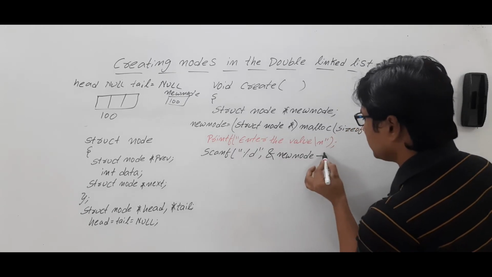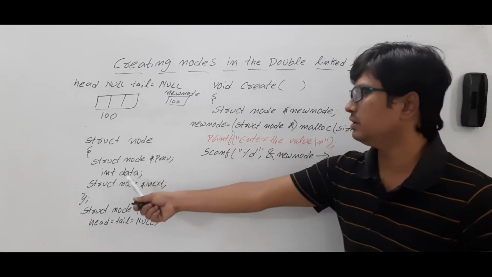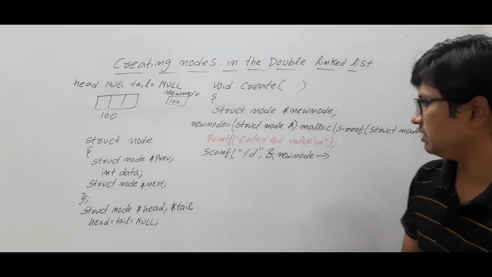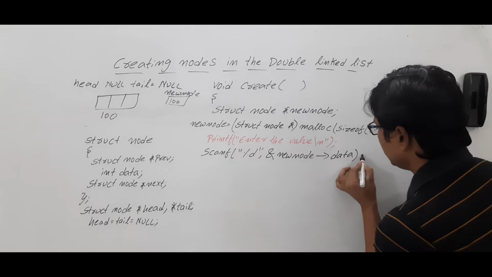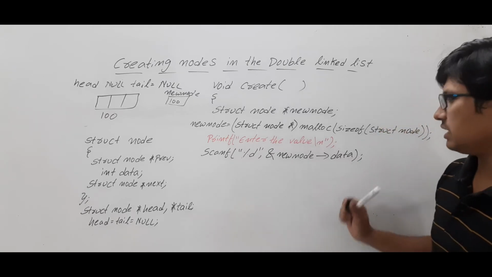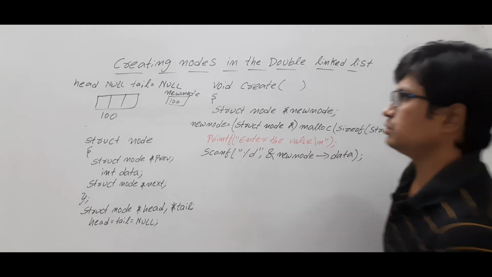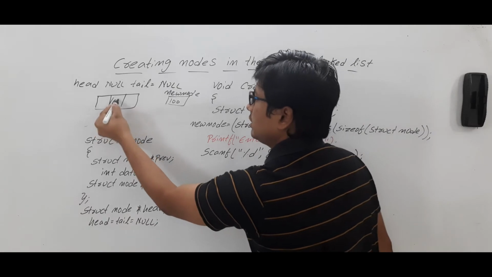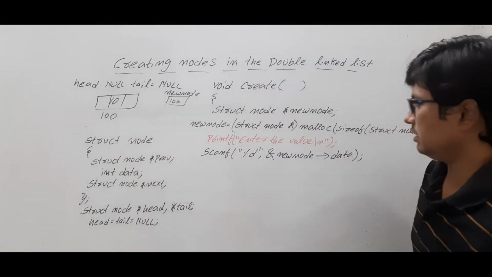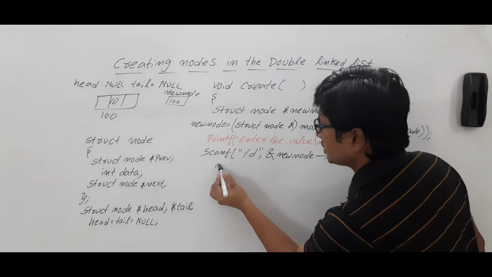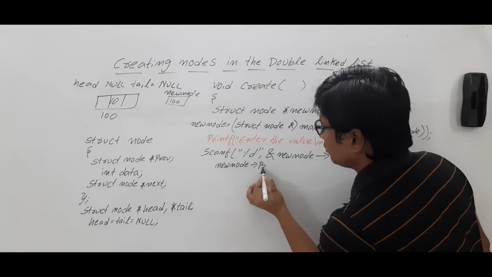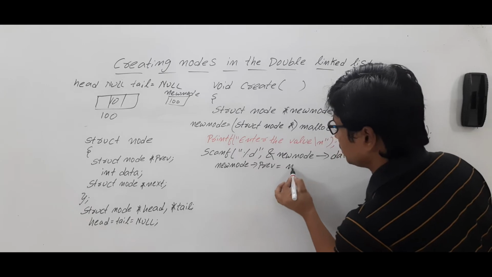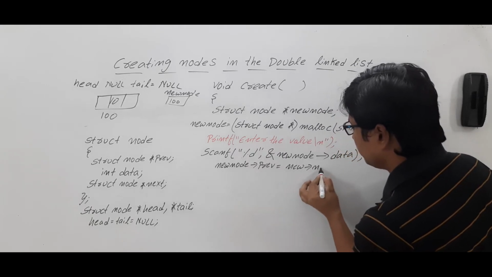As it is a pointer, you should access the member of structure node with the help of the arrow operator, data. Now whatever value the user has entered, suppose let's take that the user has entered the value 10, that will be stored here.